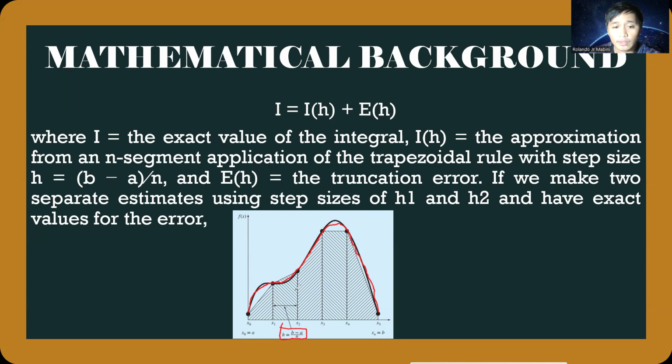Basically we are dividing a certain area. If you can still remember integral calculus, we always get a small strip, either dx or dy, depending upon where we are going to get that area. So in this case, this is called a trapezoidal rule.